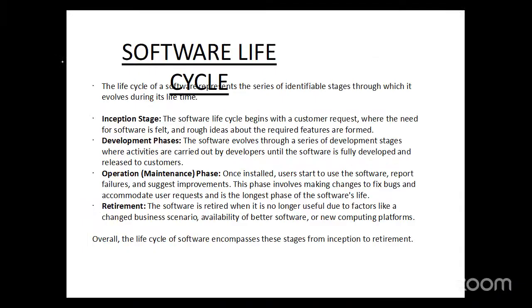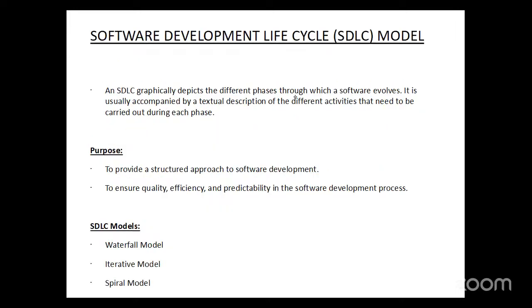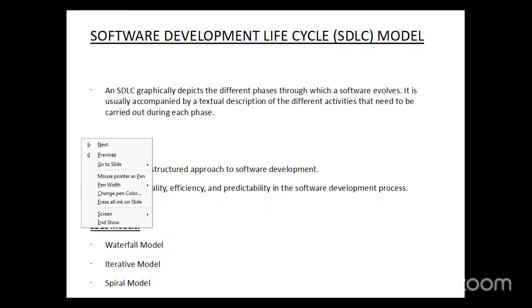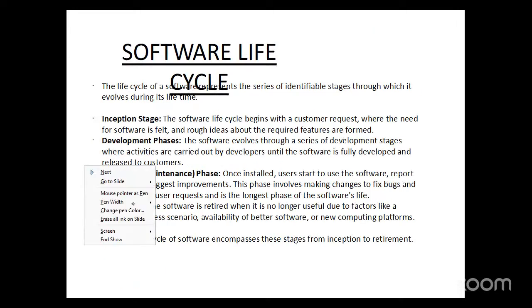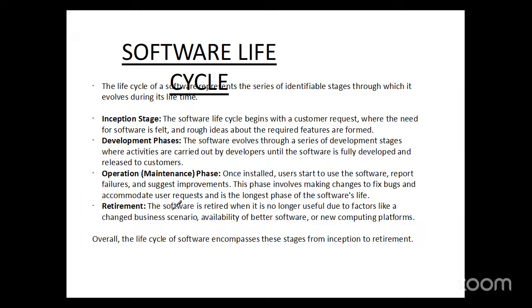A life cycle of a software denotes the series of identifiable stages through which it evolves during its lifetime. Whatever the phases or stages it evolves through throughout its lifetime are called the software life cycle phases, or software life cycle.